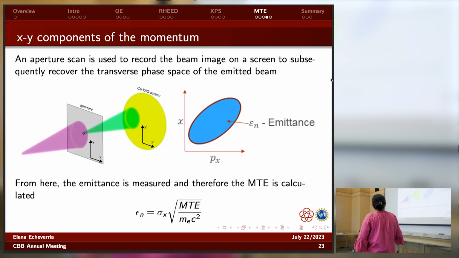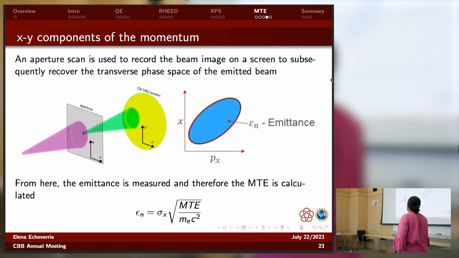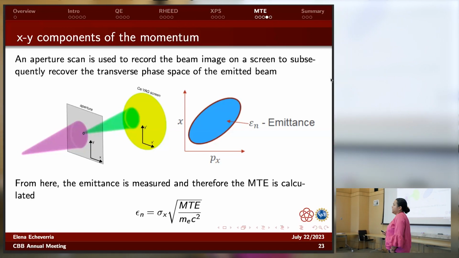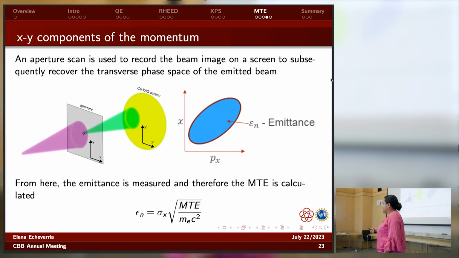And by looking at the phase space of the original photocathode, we can get information about the emittance. Why do we need information about the emittance of the photocathode? Well, because using this expression, we can get information about the MTE. So from this expression and from the emittance, we can know what is the MTE of the sample.